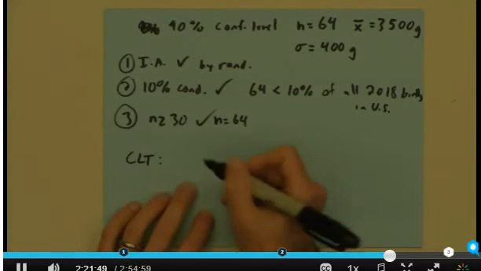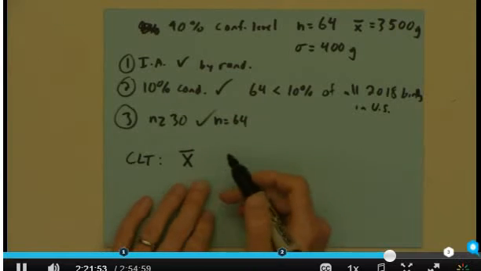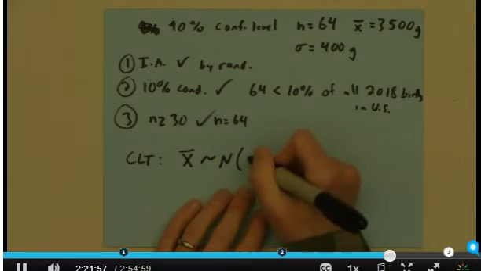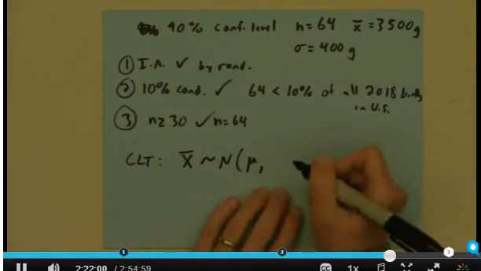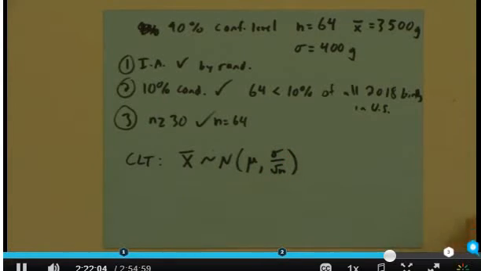And the central limit theorem tells me that the sample means will be normally distributed with a true value approaching the population mean and standard error equivalent to sigma over the square root of n. And from that, then I can produce my confidence interval.